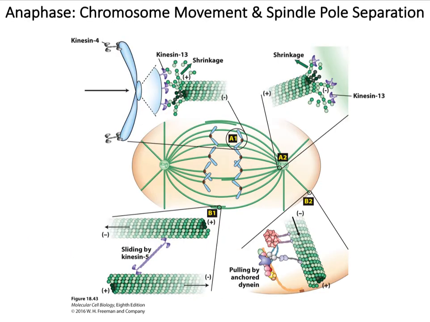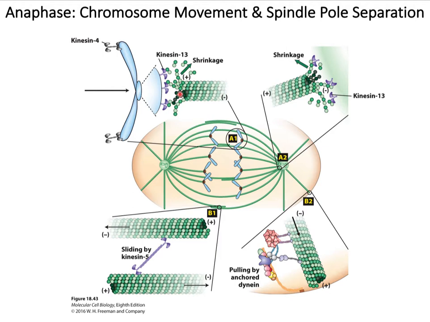Now here is another detailed rendition of the events in anaphase A and B and the role of the motor proteins. In anaphase A, the movement of the chromosomes to their respective poles is powered by microtubule shortening by kinesin 13 proteins at the kinetochore, and this is happening at the plus end of the kinetochore microtubule, shown as A1 in the figure.